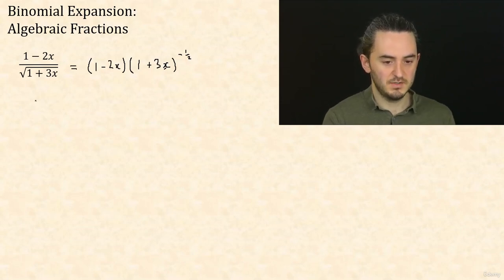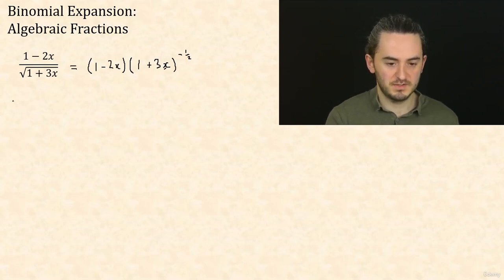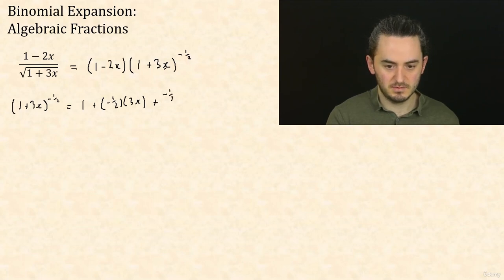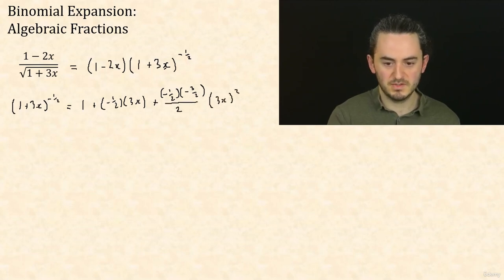All right, so we're going to work on this first. So that is (1 plus 3x) to the minus a half. Okay, it's already in the form that we want because we've got a 1 at the start. So that is 1 plus n ax plus n (n minus 1) over 2 ax squared.